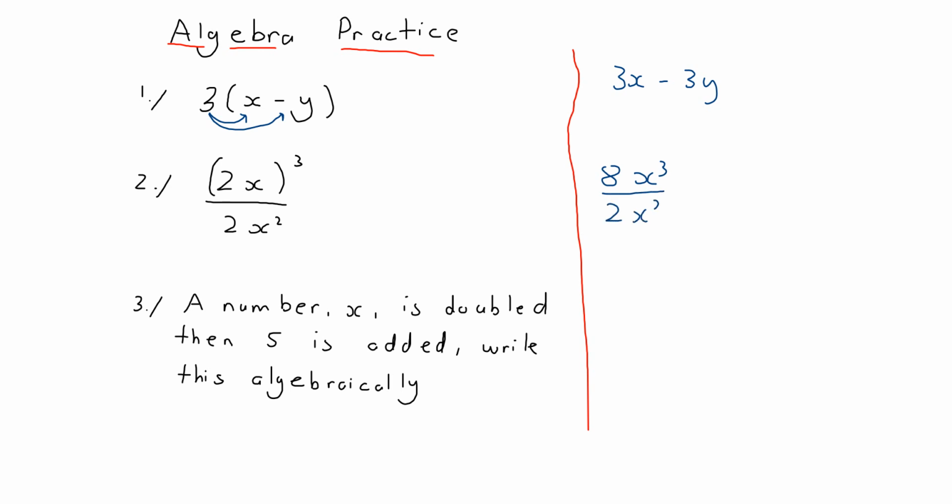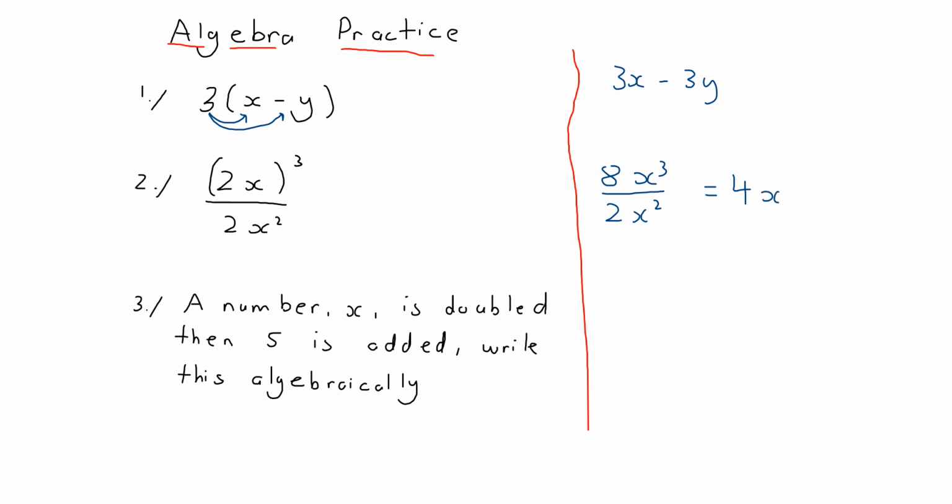I hope you guys are happy that that's 2 cubed and x cubed. I cube both the things inside. Now I can cancel down this fraction, and I know that 8 over 2 is 4. And I know that x cubed divided by x is x to the 3 minus 2, which is x to the 1, which I just write as x.